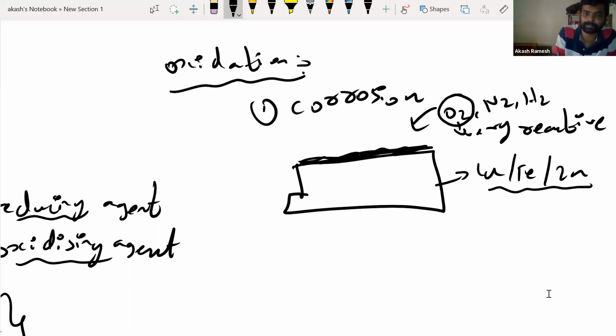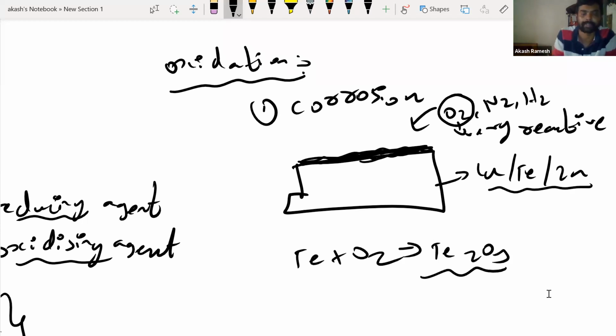This surface which is exposed to the air will react with oxygen. And when it reacts with oxygen, obviously some kind of compound will be formed. For example, if Fe reacts with oxygen, I am going to form iron oxide, ferric oxide, Fe2O3.